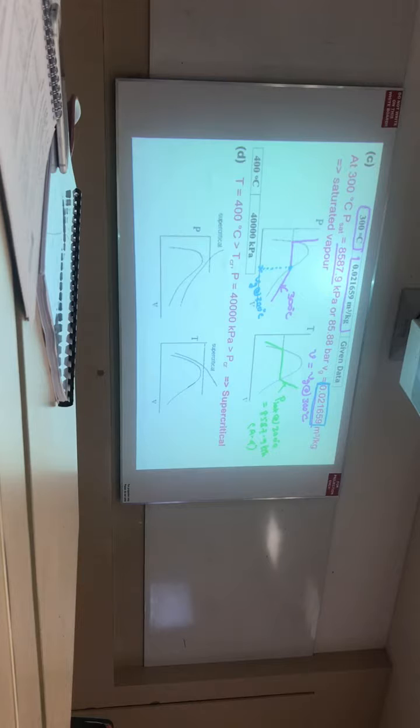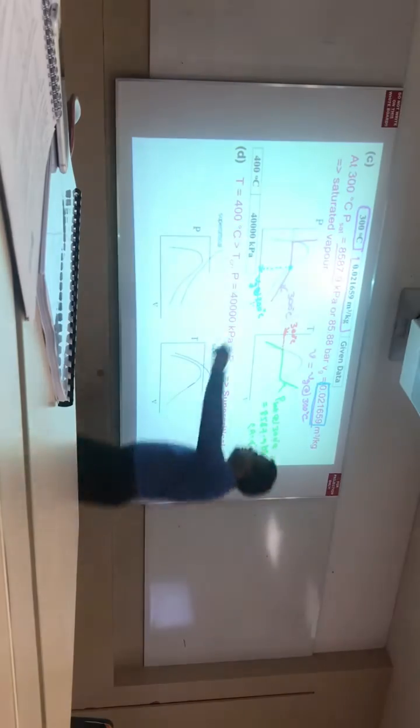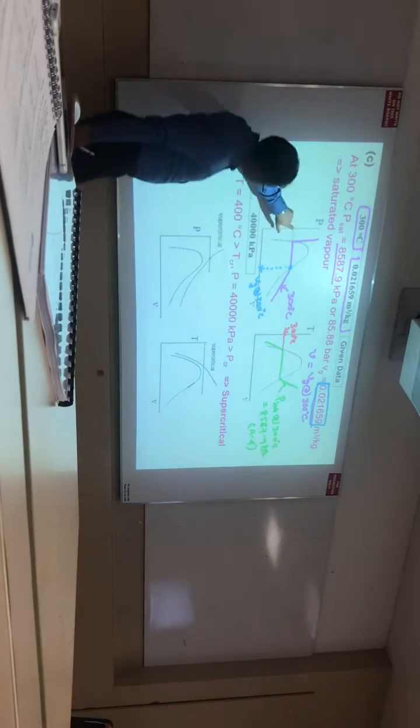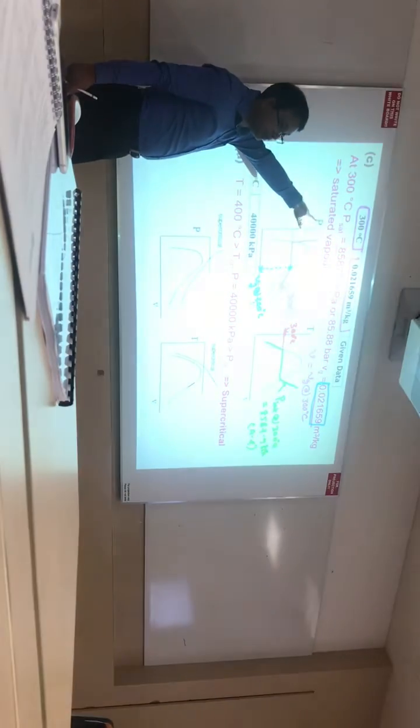This temperature, this is saturated liquid, right? If you draw one point, this one is the temperature which is equivalent to 300 degrees Celsius. Okay? And what is this pressure? This pressure is equivalent to 8587.9.